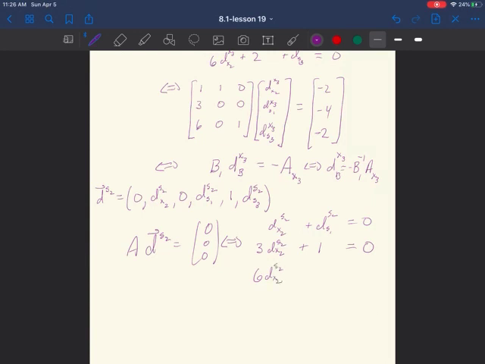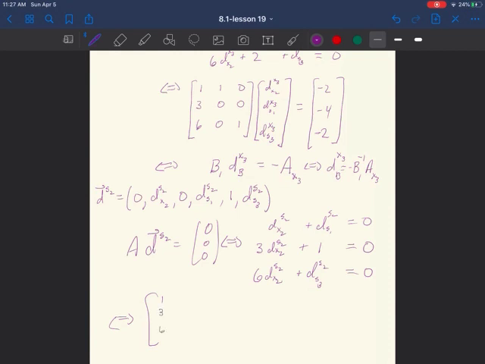And then you have 6 dx2,s2 plus ds3,s2 equals 0. This one you could probably solve in your head, but I want to show you the pattern.